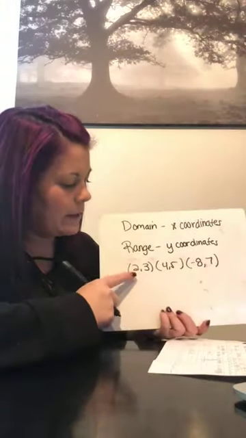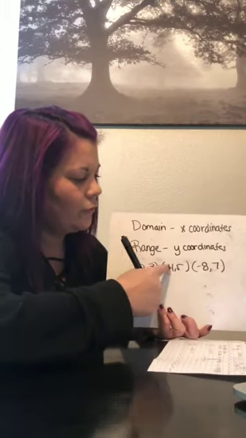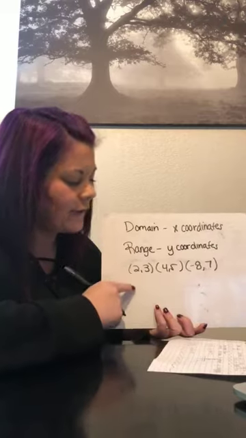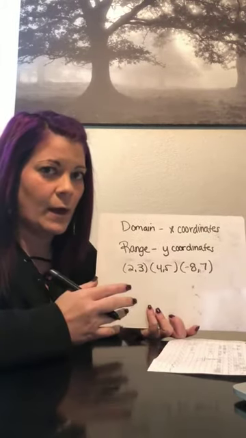If it's just dots, then you would just name the x values, the x-coordinates of the whole coordinate point. And then the range is the y-coordinates. So in this case, I'm going to name some points here. The domain of this little series would be 2, 4, and -8, because those are the x values. And then the range would be 3, 5, and 7, because those are the y values.